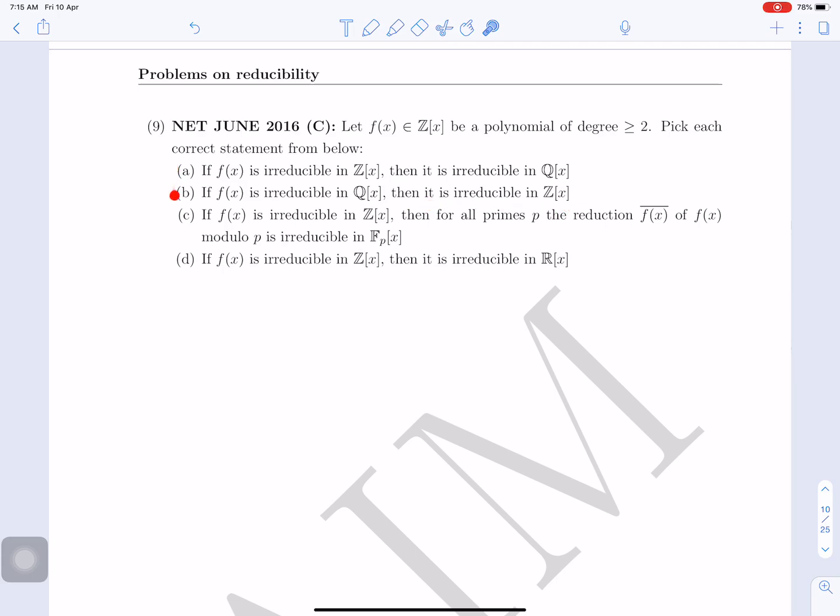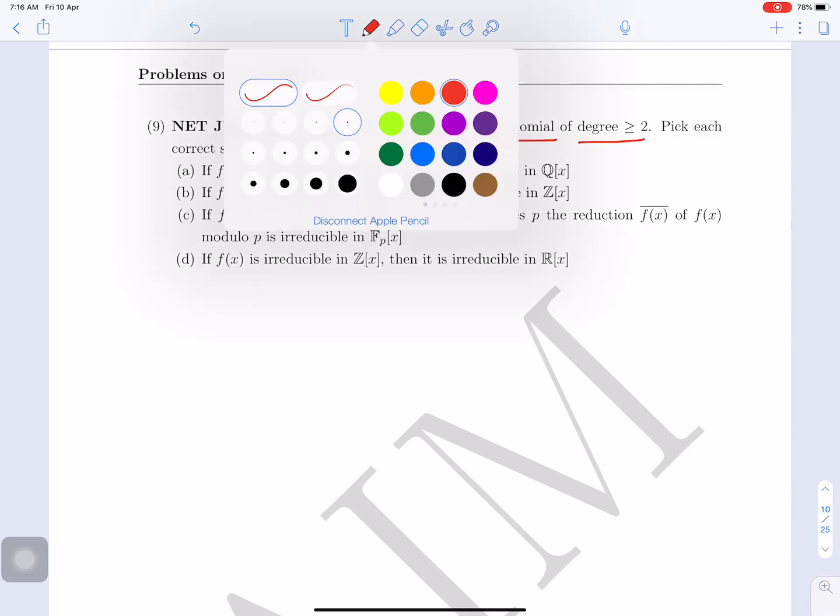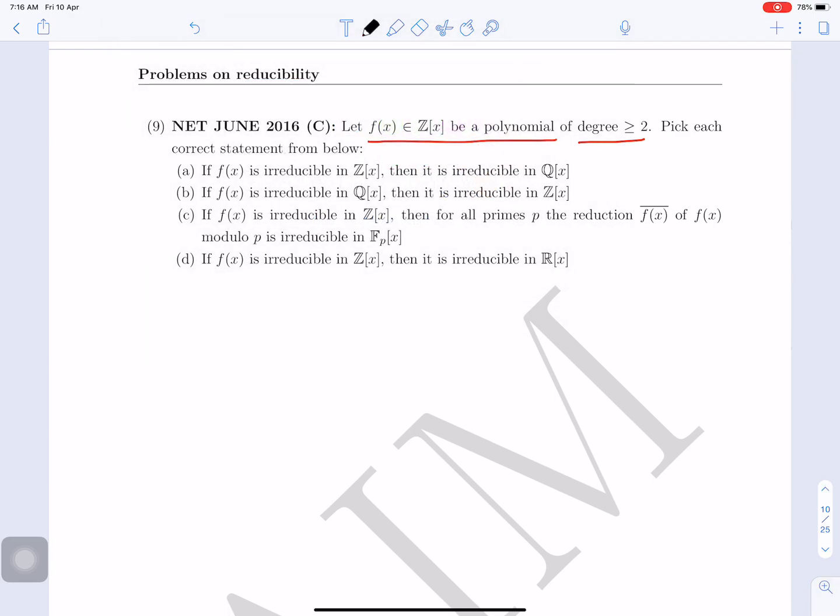So this is a standard theorem, a standard result, and you notice that f(x) belongs to Z[x] be a polynomial and degree of f is greater than or equal to 2. So we know the result. And the result is: if f(x) belongs to Z[x], then f(x) is reducible over Q implies f(x) is reducible over Z. Converse is not true.